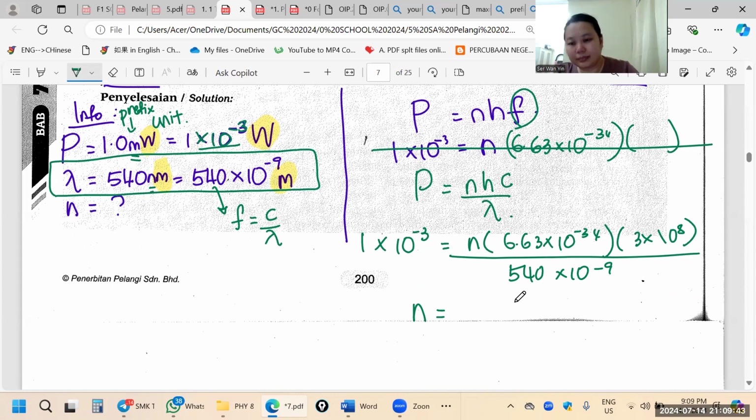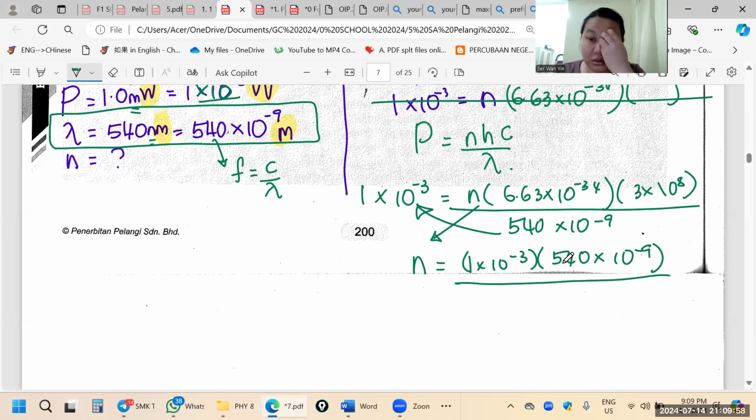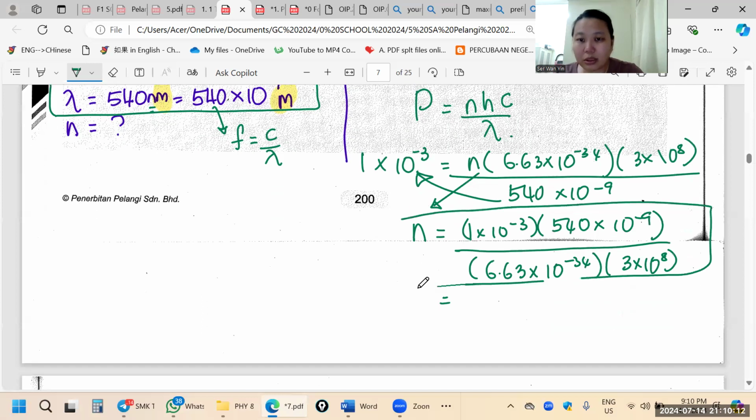If you want to show, you move like this: cross multiply up, then divide. Anyone still not sure how to move them, please come and see me when you're free, I'll teach you how. If you want to skip this step, also can. Answer.